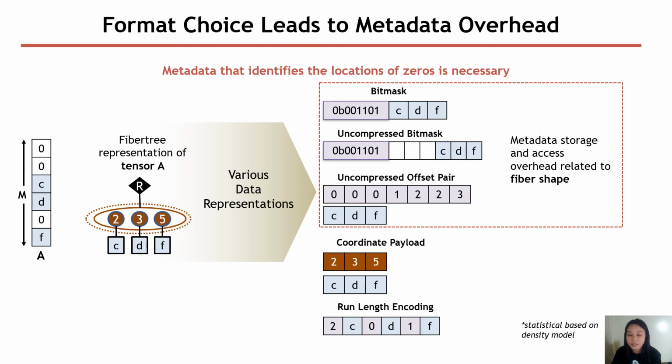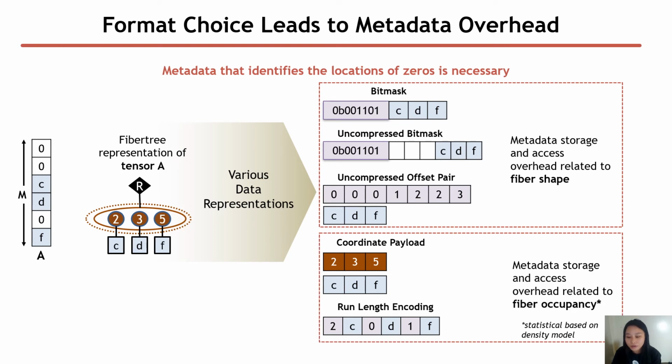It's only associated with the shape of the fiber, and the others are more related to the fiber occupancy, because, for example, for coordinate payload, we're only specifying a coordinate if you have a non-zero value there. So the analysis associated with these kinds of formats is more dependent on the fiber occupancy, and as you can imagine, the overhead of metadata then becomes statistical and is dependent on the density model that we have chosen.